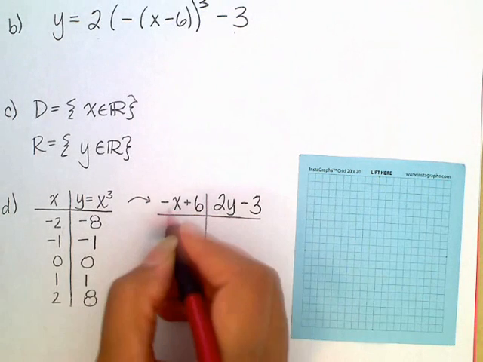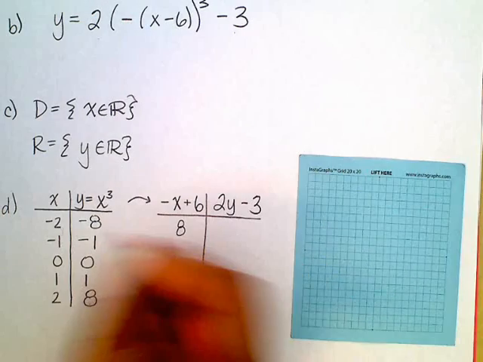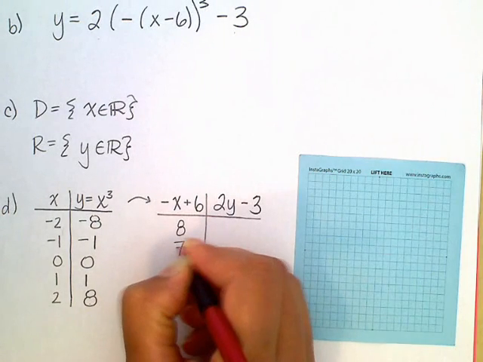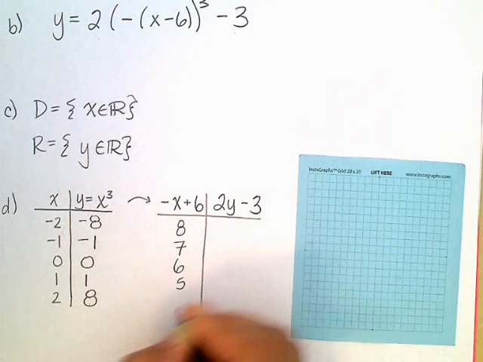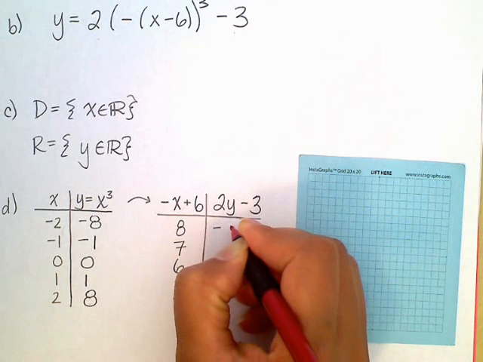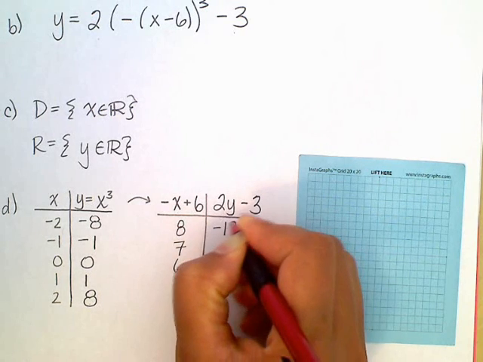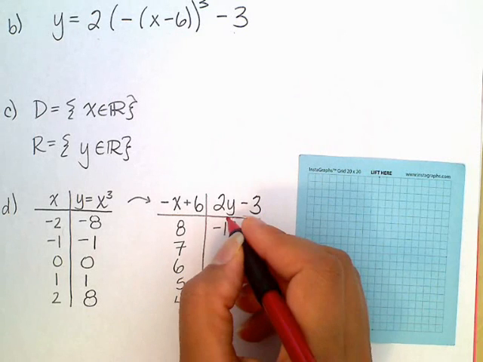So negative negative 2 is 2, plus 6 is 8. And I'm just going to go through this quickly. You should be able to do the math in your head, hopefully. And any points that don't fit on your graph, it's okay. As long as you have a few points and you can sketch your curve, that's the important part.